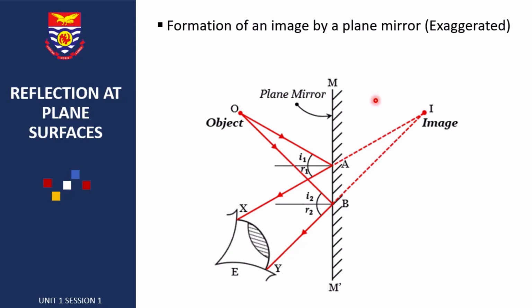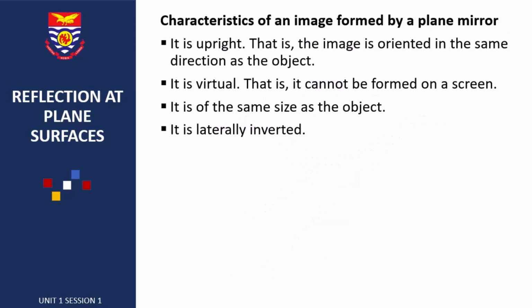It's the same size I'm going to get. And lastly, the distance of the image from the mirror is the same as the distance of the object from the mirror. So these are the characteristics that have already been explained.